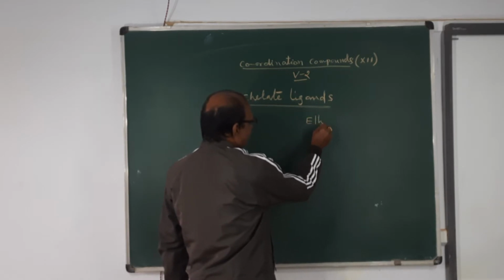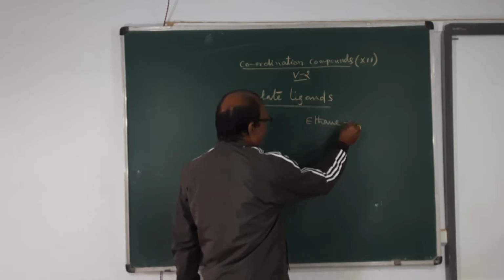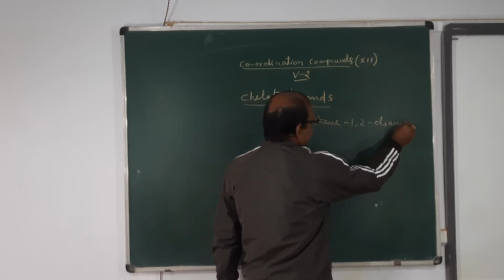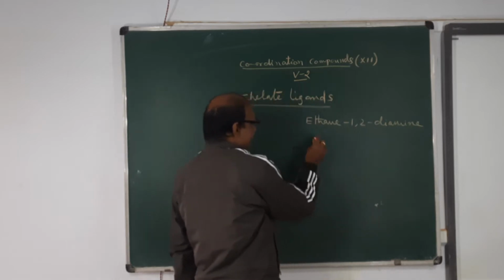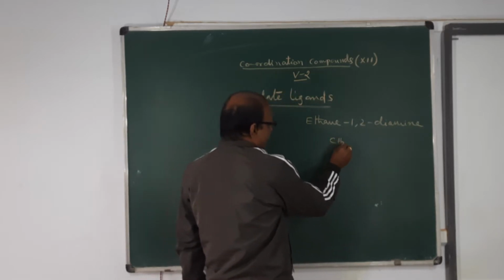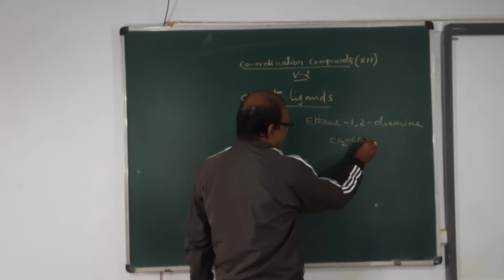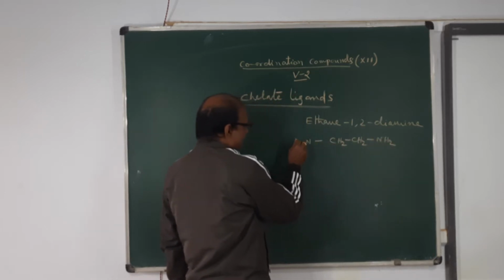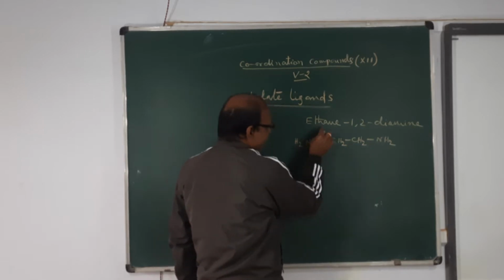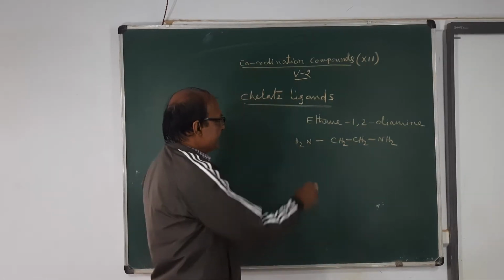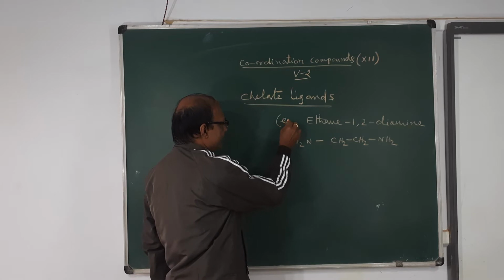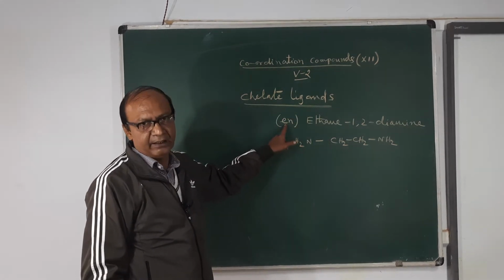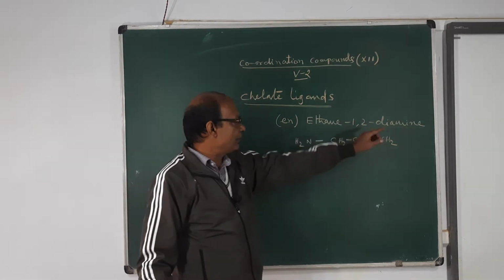Ethane 1,2 diamine, the formula is CH2 CH2 NH2 NH2. In abbreviated form, it is denoted by en. So en means ethane 1,2 diamine.